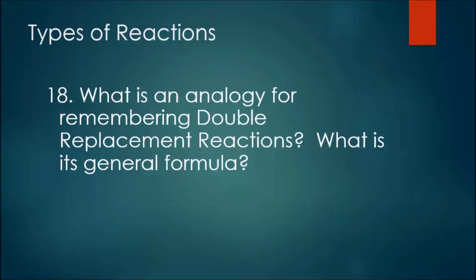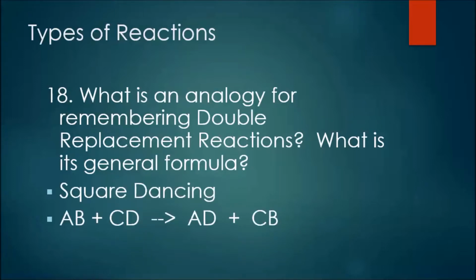What is an analogy for remembering double replacement reactions? Square dancing, and this one is AB plus CD yields AD plus CB. So they change partners.